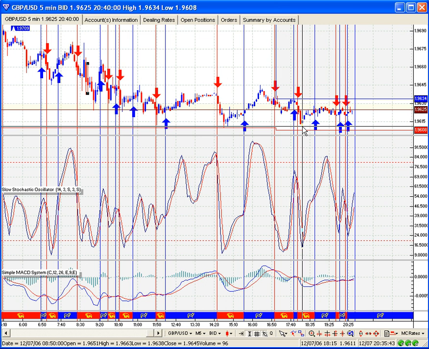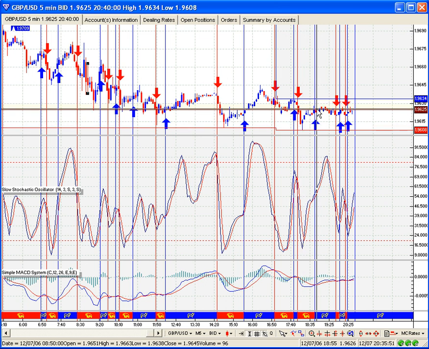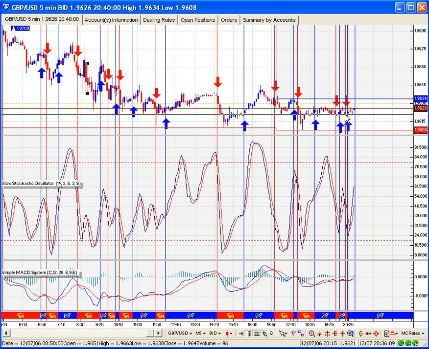Then 611, it goes up to 627. 611 to 627. 627 to, it has come down here to 621. That is the last trade of the day. It's not a lot.